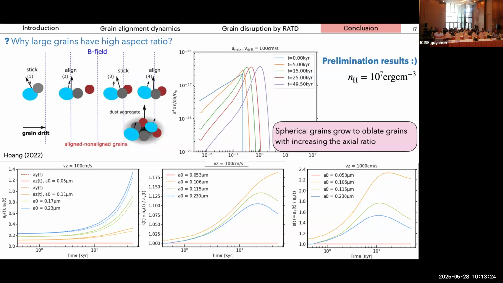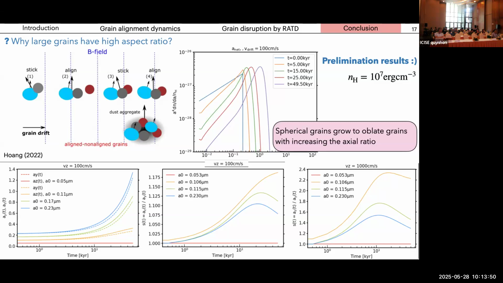So the one mechanism by which grains can also move inwards is ambipolar diffusion, because if grains are charged, they will feel the magnetic field and keep in this direction, but neutral gas doesn't feel the magnetic field, so it can move in this direction or even across the magnetic fields. Yeah, so this is one scenario of how grains can move across the magnetic field direction.